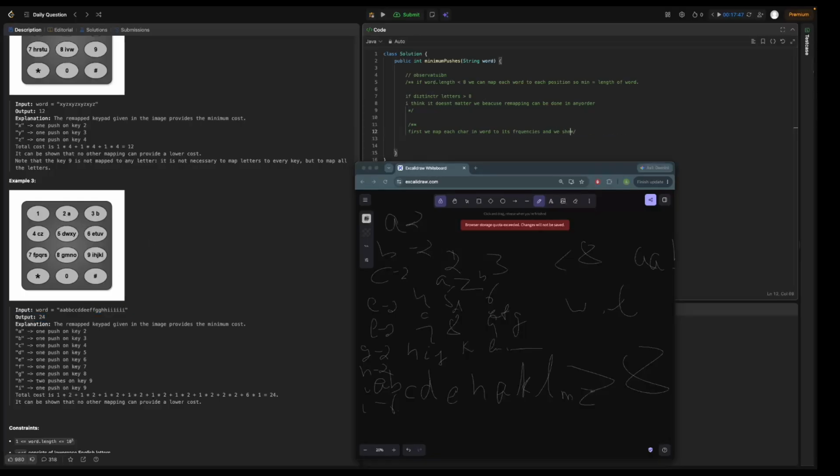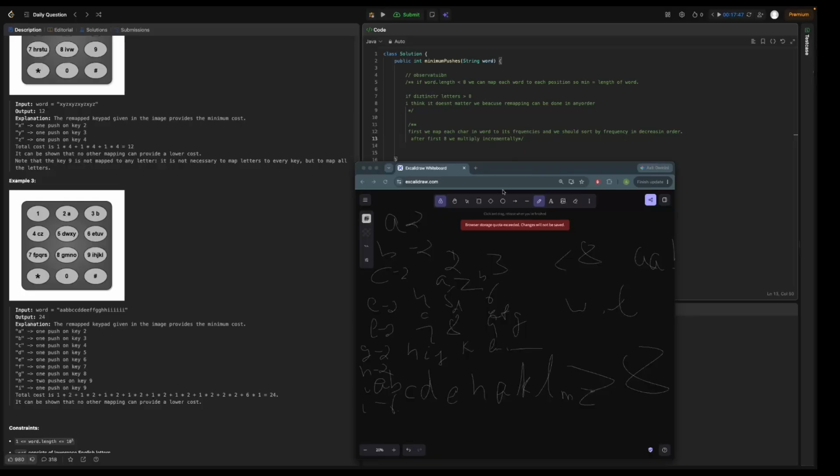Do we need to sort by frequency or no? I feel like we should sort it by frequencies, in increasing or decreasing order, I think. After the first 8 we multiply, I think.